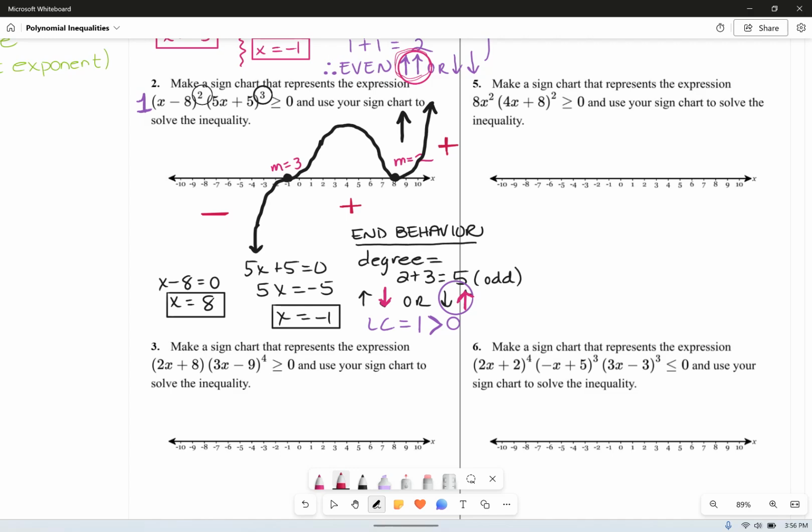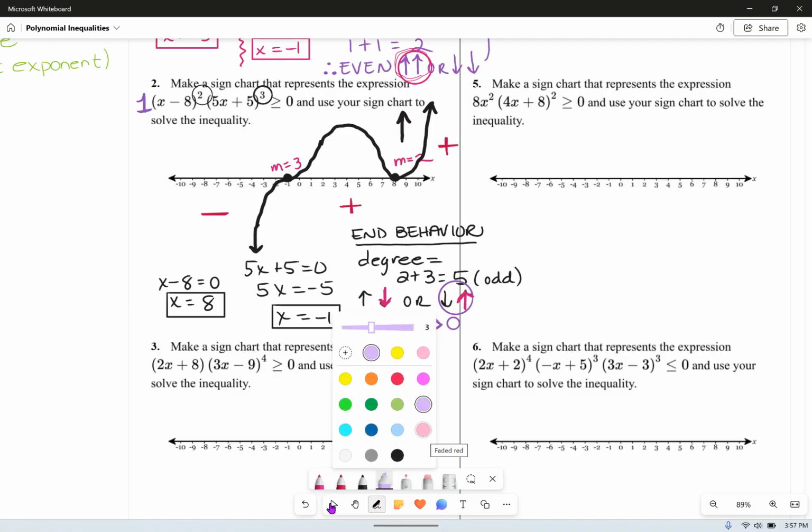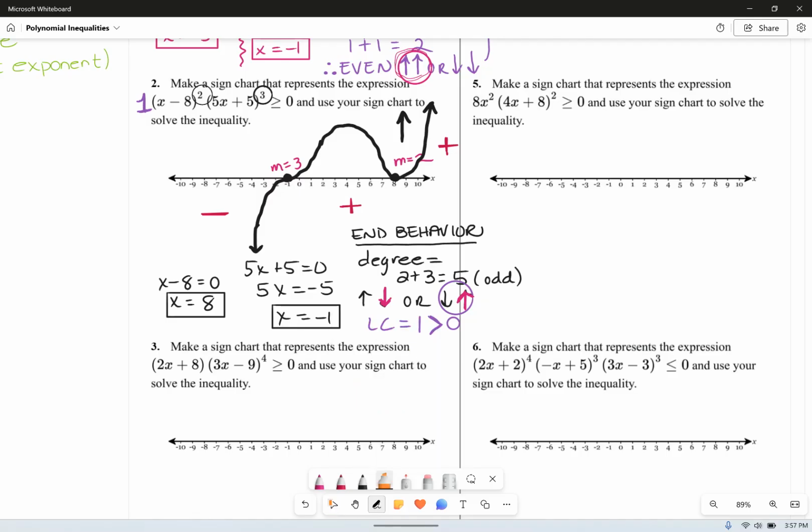Okay? What do we need in our problem? Let us use, how about orange? Our problem is asking for greater than or equal to 0. Greater than or equal to 0 means above. So I'm going to highlight all my above graph. Here we go. So that's the answer you're going to give me.